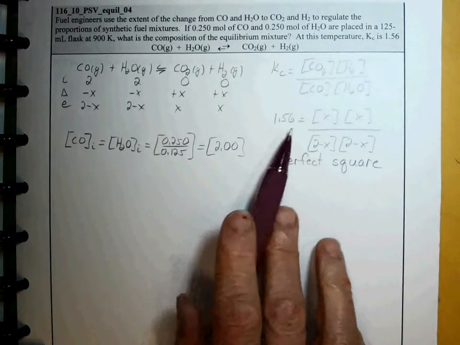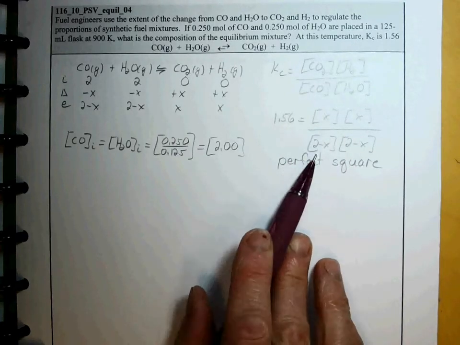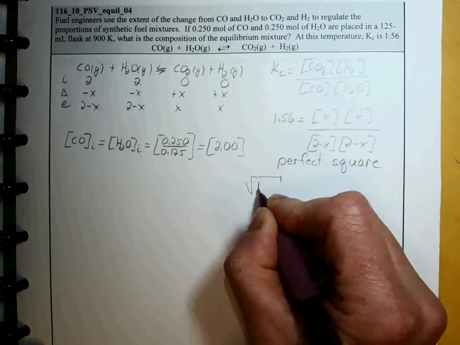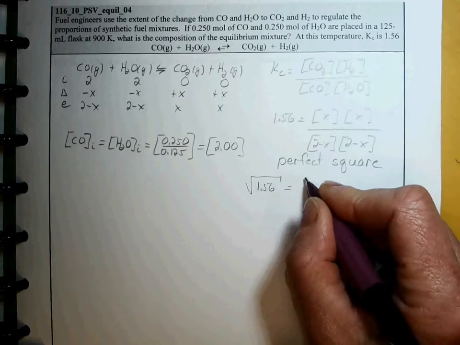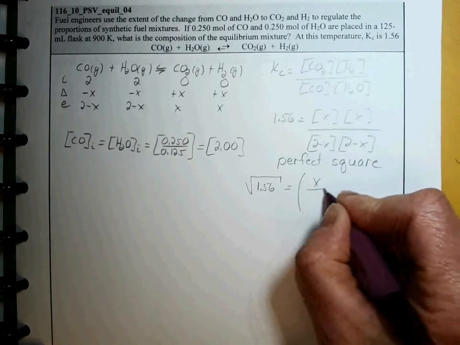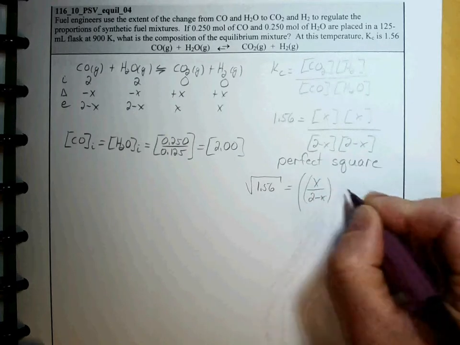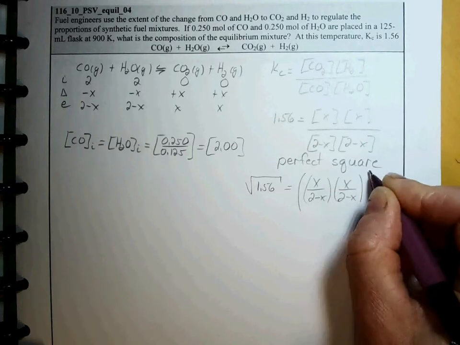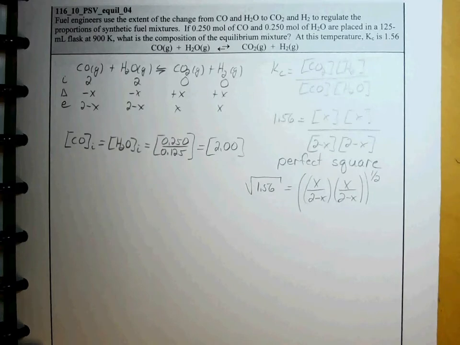Meaning if we take the square root of this side, we get, in this case, X over 2 minus X. So we have the square root of 1.56 is going to be equal to the square root of X over 2 minus X times X over 2 minus X. Okay, we need the square root of that side.